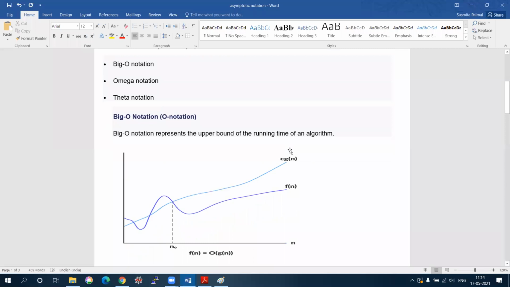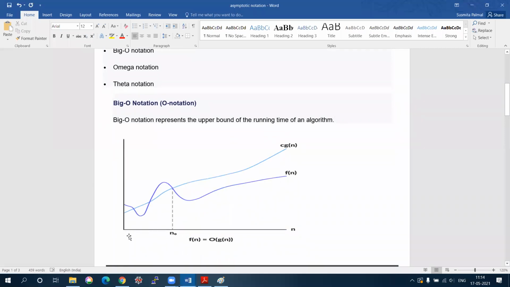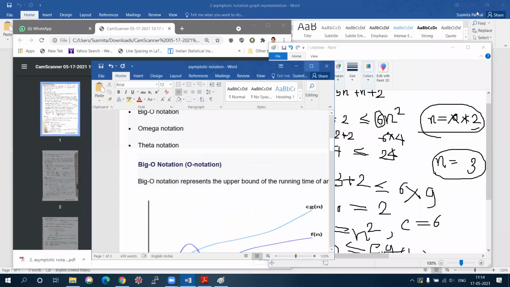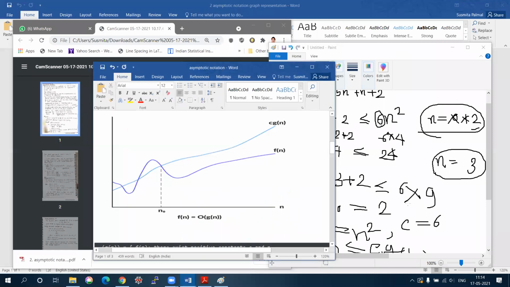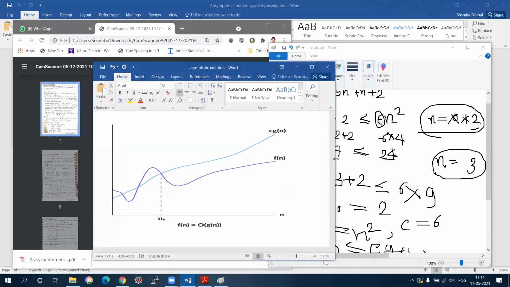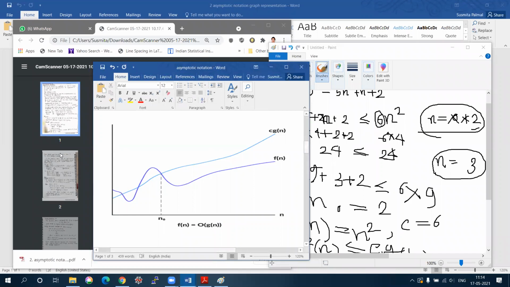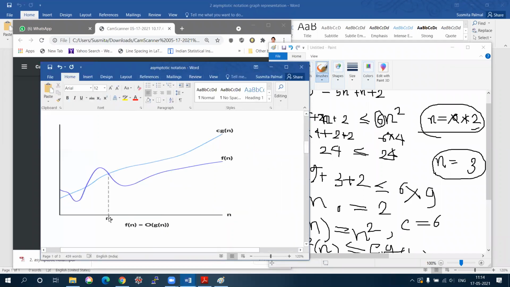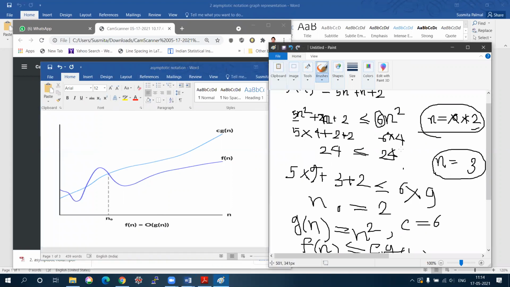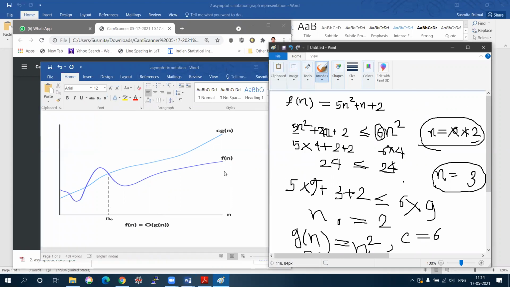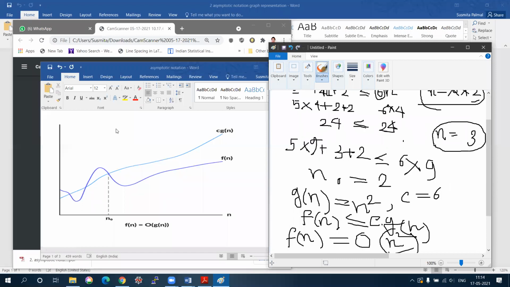Let's see the diagram. After n0, for this function f(n), suppose this is f(n), and g(n) is here n square. C is our 6.